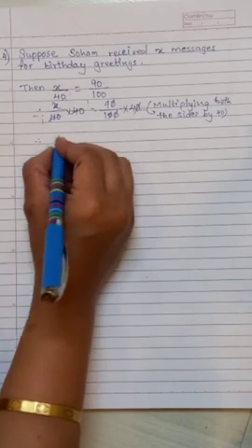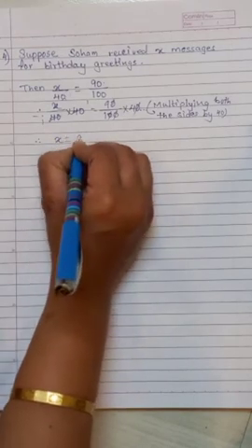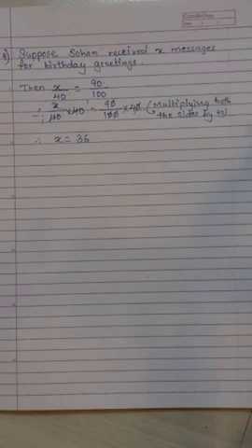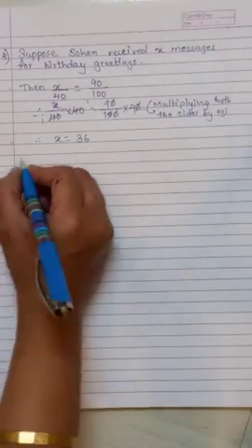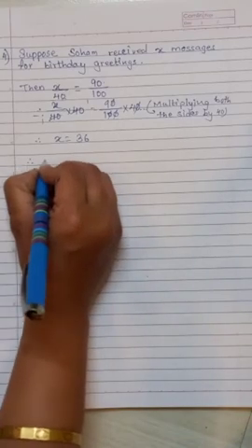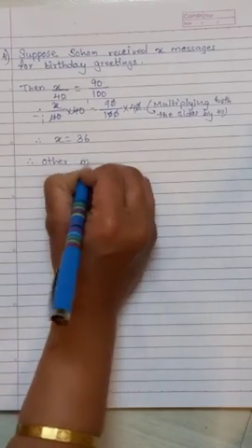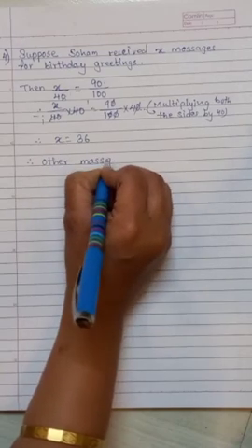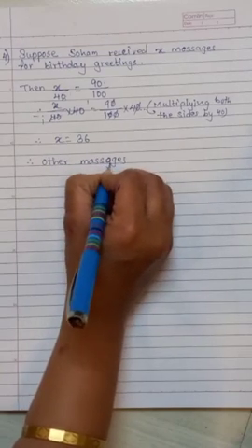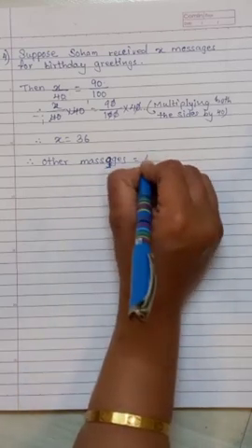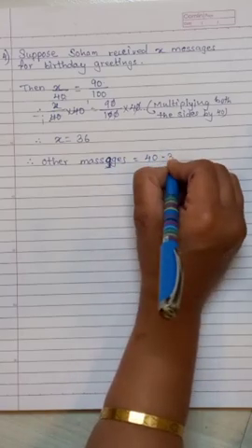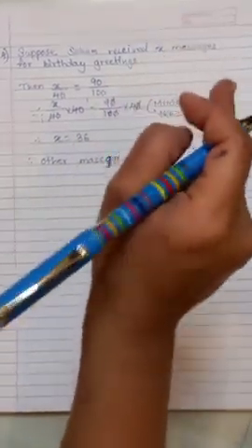So here, see, 9 fours are 36, so x is equal to 36. Now what is 36? 36 is the number of birthday greetings he got. Okay, so here we have to find out the other messages. Other messages is equal to total messages 40. Out of it, 36 are birthday greetings.